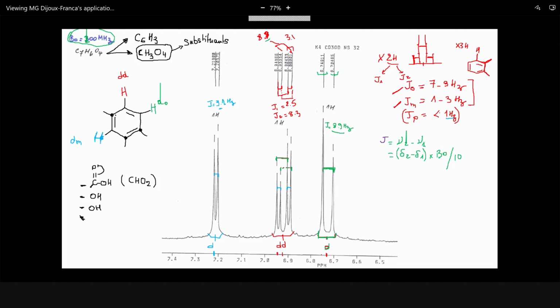And remember that the carboxyl group is a very strong withdrawing group. So that means that the blue one should be close to the carboxyl group. So the first proposition could be writing the COOH there, because these two are more deshielded, and then the 2 OH there.